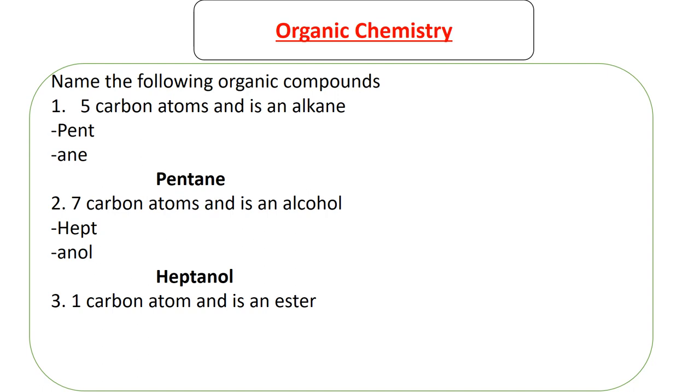So 1 carbon atom, the prefix is meth, and for the ester family, the suffix is anoate, so this becomes methanoate. So this is how to name organic compounds. This marks the end of this introductory part of organic chemistry. Happy solving!